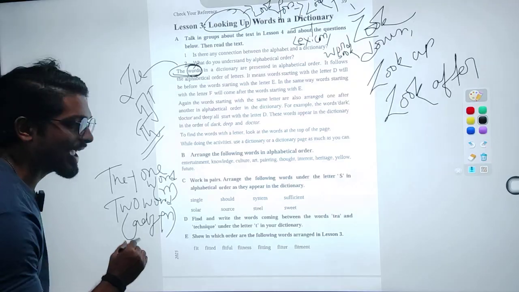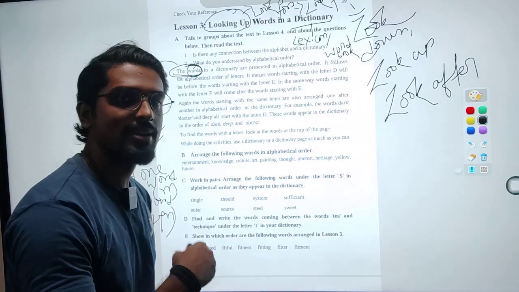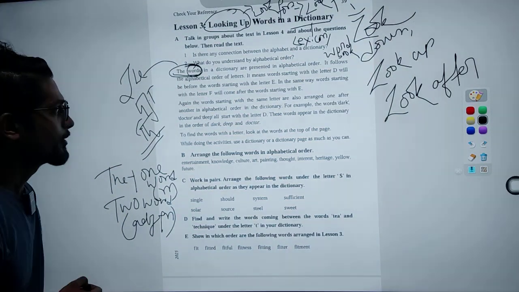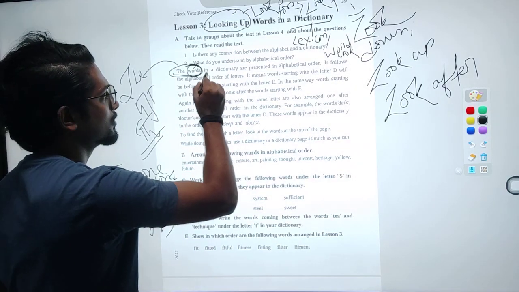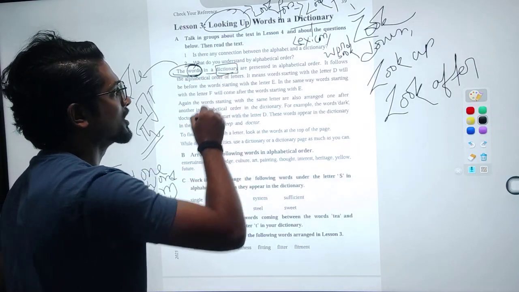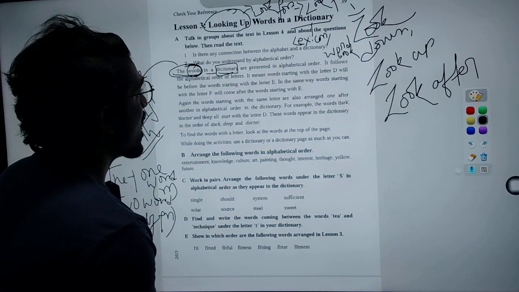Three words যখন থাকবে adverb, adjective and noun. So the words in the dictionary, look, article plus word, it means a noun, are presented.